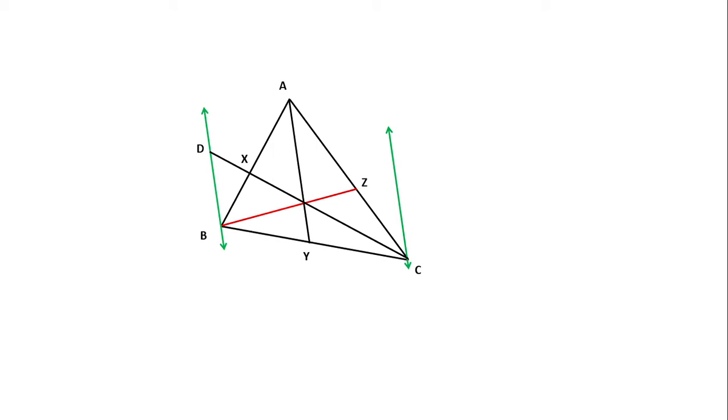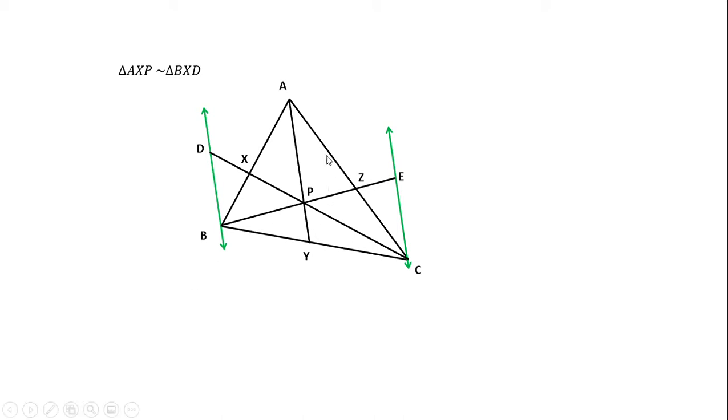We'll extend CX till it meets the line at point D, and we'll extend BZ to point E. And as I mentioned before, we would call that point where the three Cevians meet point P. So you might imagine, since we have parallel lines drawn here, that we're going to be making use of similar triangles, and that's exactly what we're going to do.